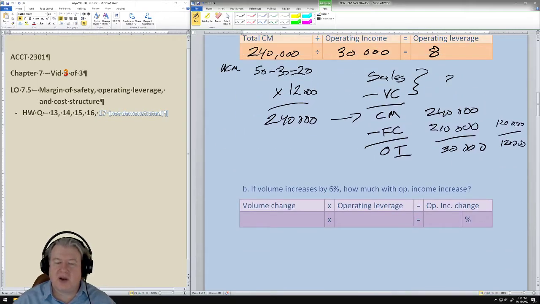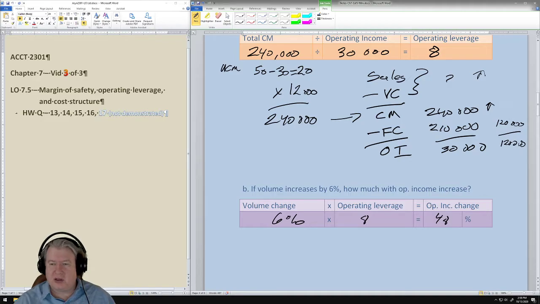But we can use this. One of the interesting things that we can use this for is, given a certain level, we can say from this point going up or down, how much will our operating income change? So if the sales volume increases by 6%, how many more tickets do we sell? And our operating leverage is 8, the income would change 48%, just a straight multiplication. And that might seem like a lot, but remember, if sales goes up, our contribution margin is going to go up by a very similar amount, and the fixed costs do not change.